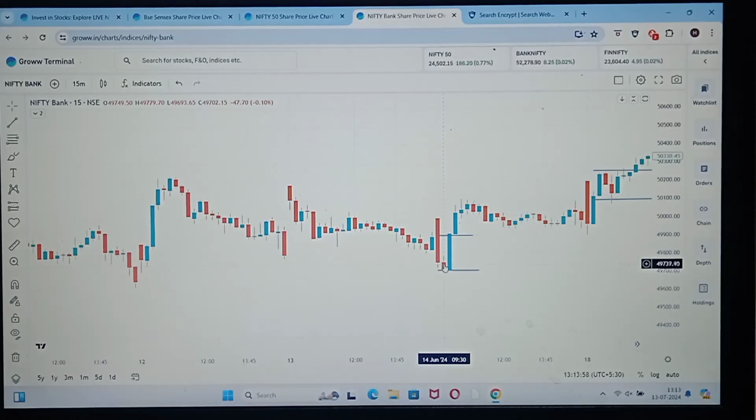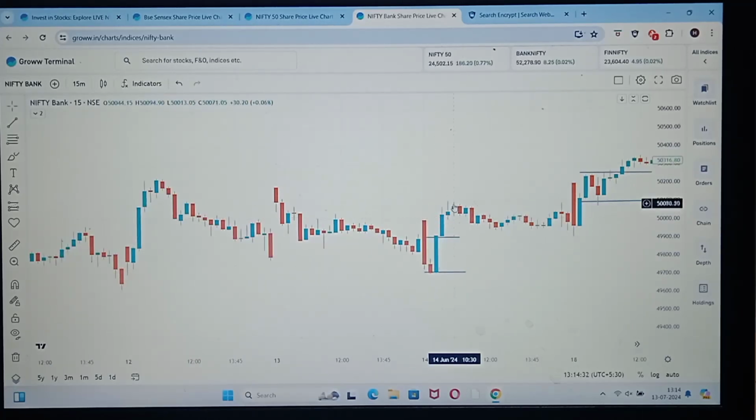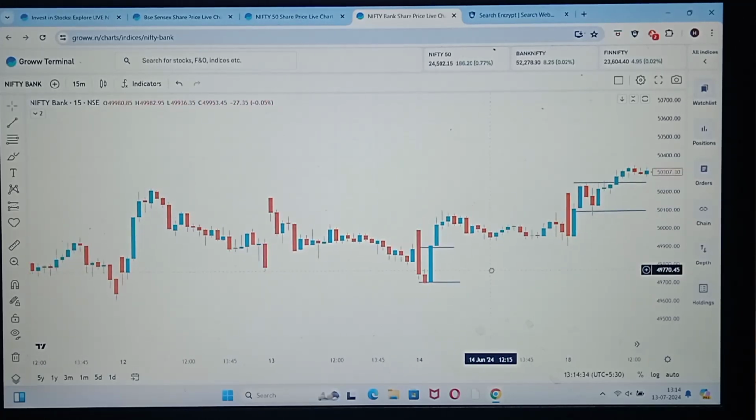After this candle brought a reversal, so we can easily make our trade here around the 49,912 mark. We can easily initiate a trade and easy profit we are getting here. This candle will trail our stop loss easily, 200 points. Consecutive 3 candles are green, so easily we got a trade here.